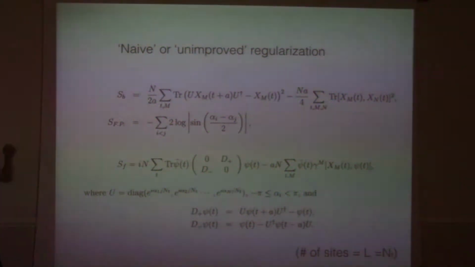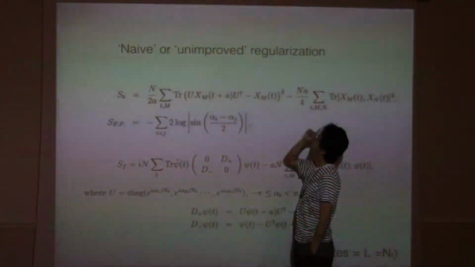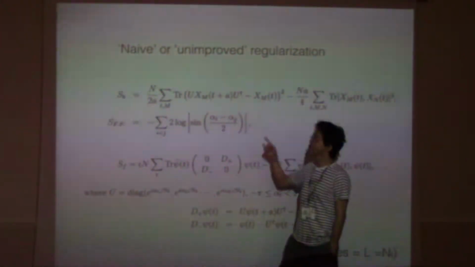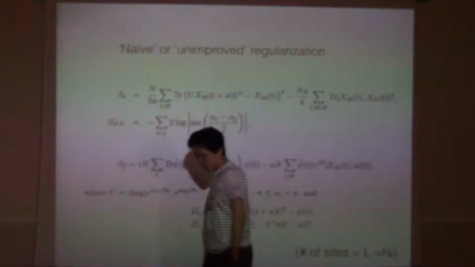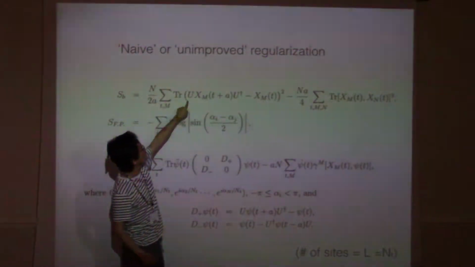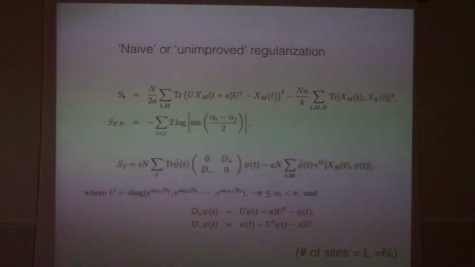We first introduced a gauge-fixed action with a gauge-fixing term, and then just regularized that gauge-fixed theory using a naive lattice method. Basically, you take the difference between the scalar at point t and at point t plus a. This a is the lattice spacing, so it just means nearest lattice points, and that difference is approximately the derivative. You just take the square, that's the derivative squared. And here we have unitary link variables in order to make the derivative a covariant derivative. That's it.